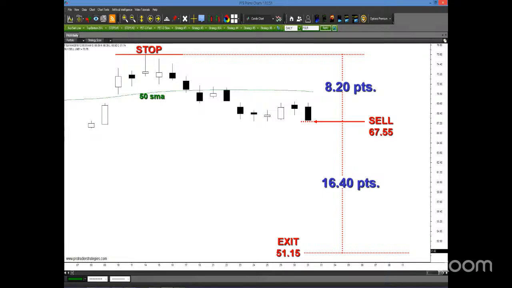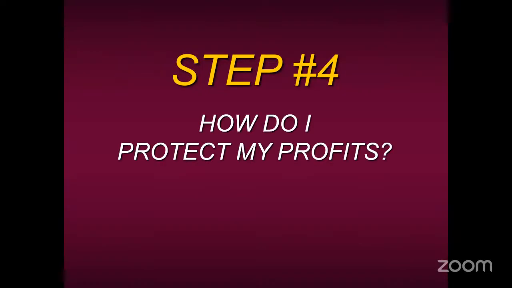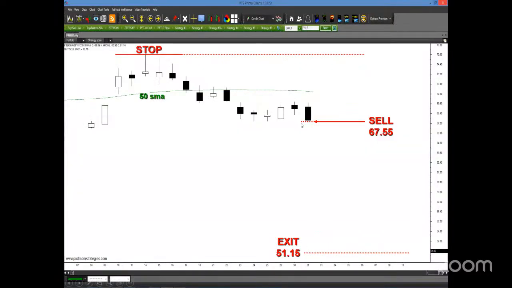And now this leads us to the fourth and, in my opinion, most important step, which is, how do I protect my profits? Step number 4. We apply the 50% rule. If we enter right here to go short and we cover right here, where's the half point distance?